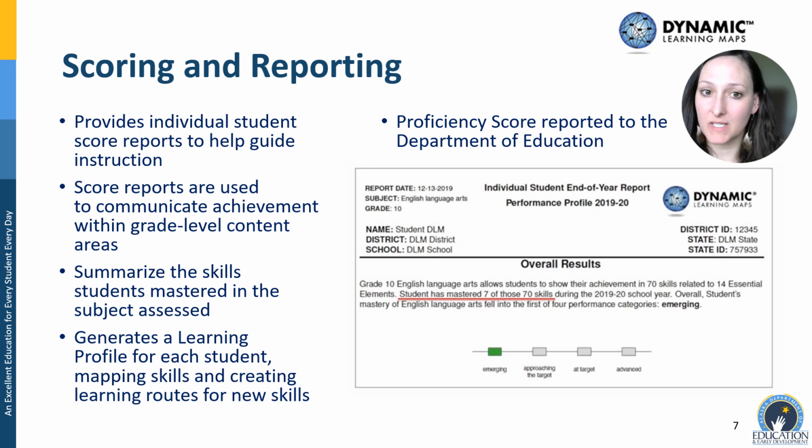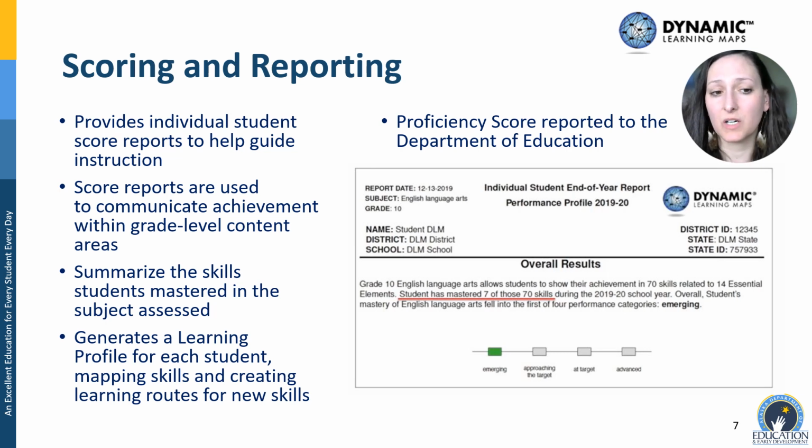Upon completion of testlets, students will get an individual student end of the year report, which is a performance profile. Here's an example of what one tends to look like. You will see that it provides an individual score report for students, and they break down skills to help guide future instruction.